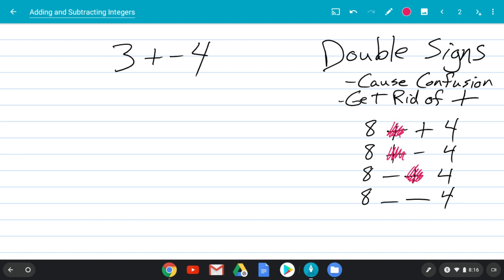What do I get rid of? There's no positive to get rid of, is there? This is the one time where there is no positive to get rid of, but guess what? Minus a negative becomes a positive. The one time that you can't get rid of a positive, that one becomes a positive.